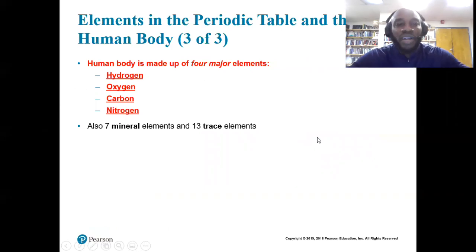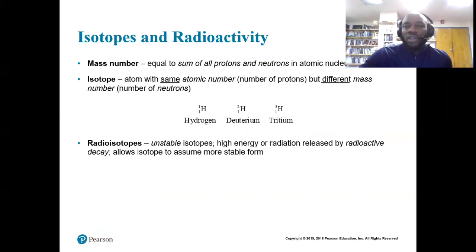Like I said earlier, the human body is made up of 4 major elements: hydrogen, oxygen, carbon, and nitrogen. Also 7 mineral elements and 13 trace elements. We also have this thing called isotopes and radioactivity. So notice I said when we do the atomic number, we're talking about the number of protons, because the number of neutrons can actually change, right?